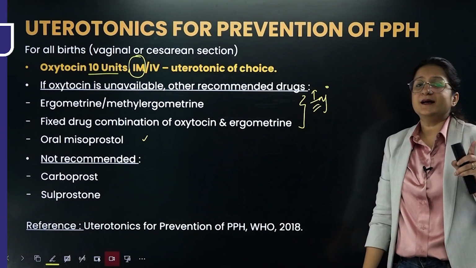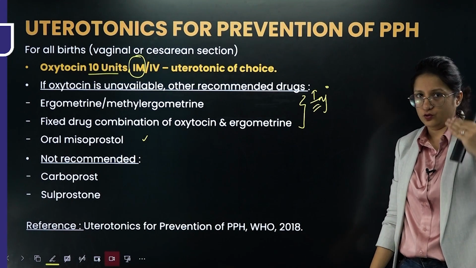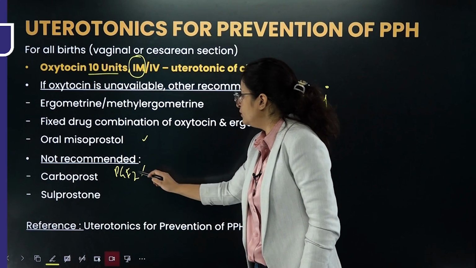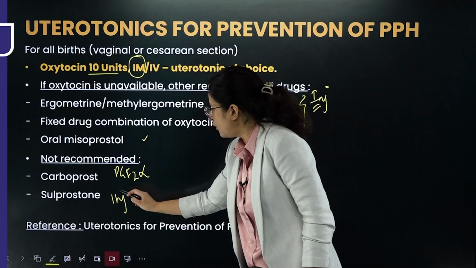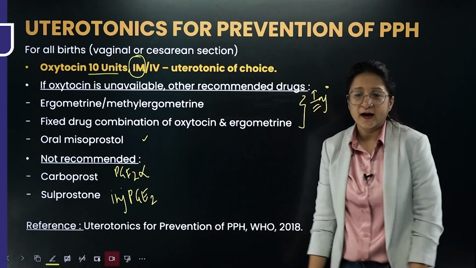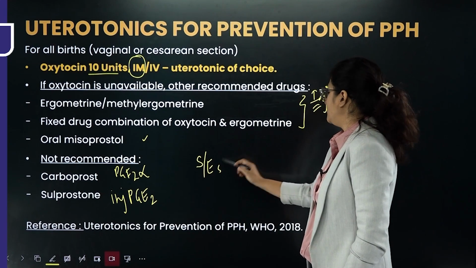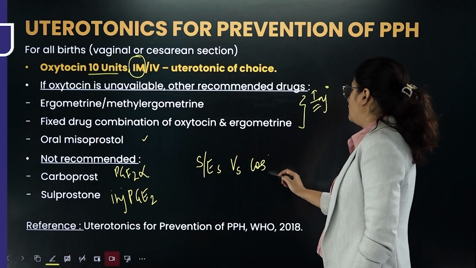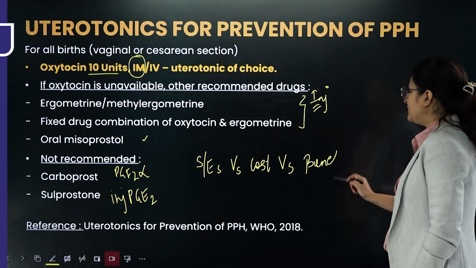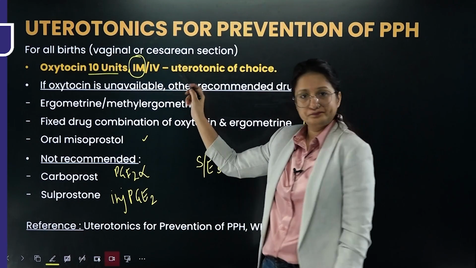And please remember that carboprost and sulprostone are also injectable uterotonics, right? Carboprost is PGF2 alpha and sulprostone is the injectable form of PGE2. They are not recommended, right? Because when you compare the side effects and the cost, are they having any extra benefits in comparison to oxytocin?